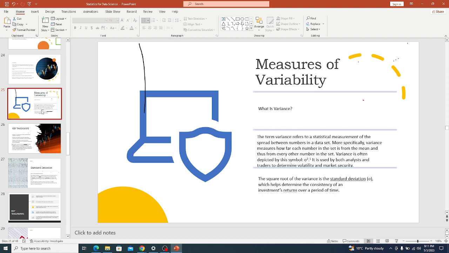And you will see that we have a connection between variance and mean. Variance tries to study how the data is spread away from the mean, but measures of central tendency summarize the whole data set to one value.